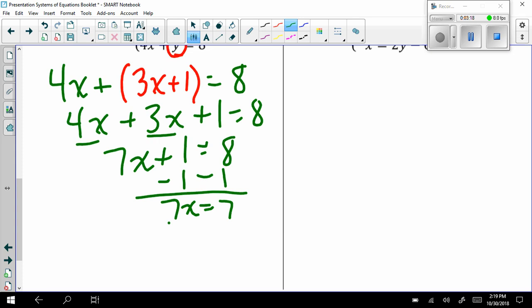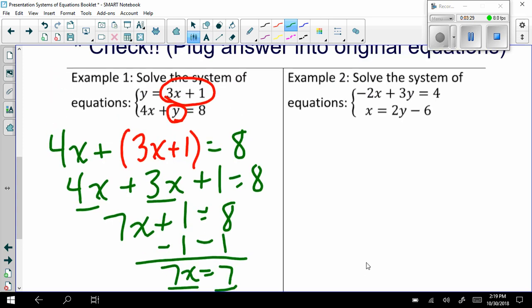And finally dividing by 7. So at the end of step 2, I've got half my answer. In this case, I have my x coordinate.